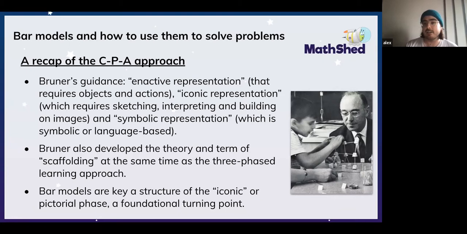And something that I alluded to in the previous webinar, I'll show hopefully a little more today, is that bar models don't have to be purely pictorial.